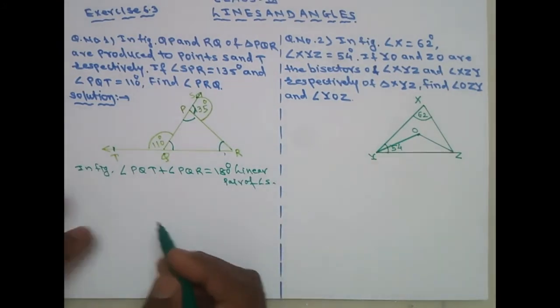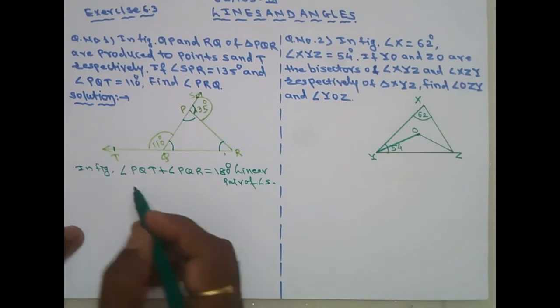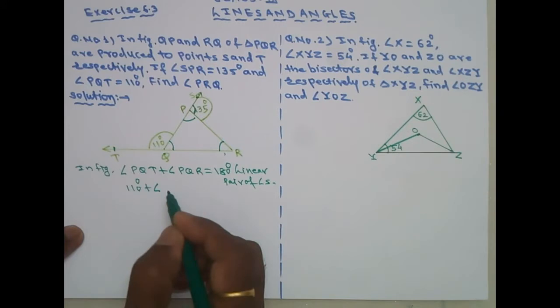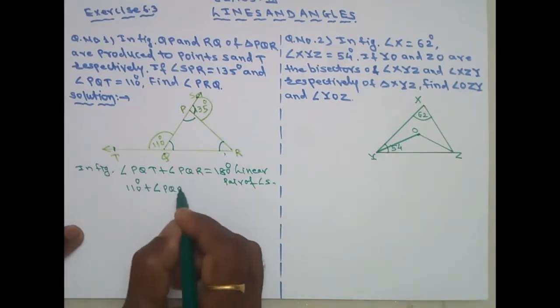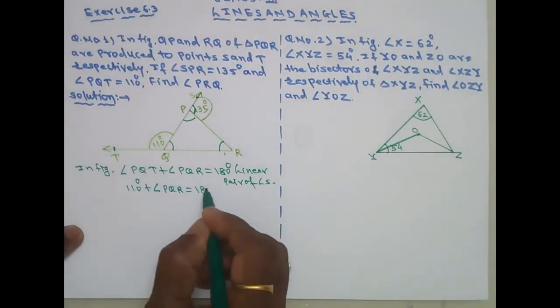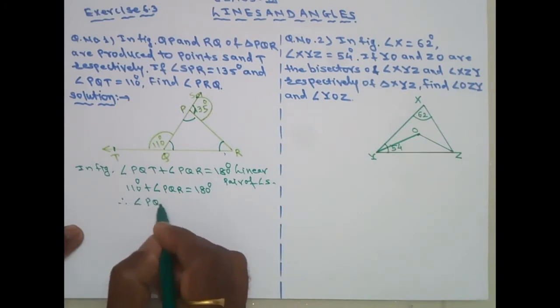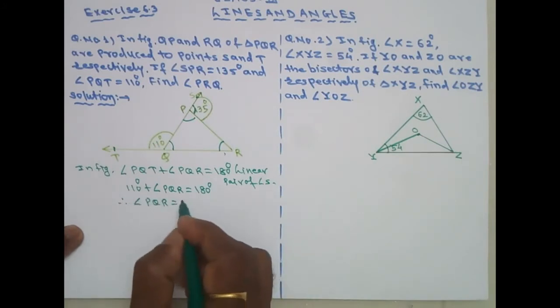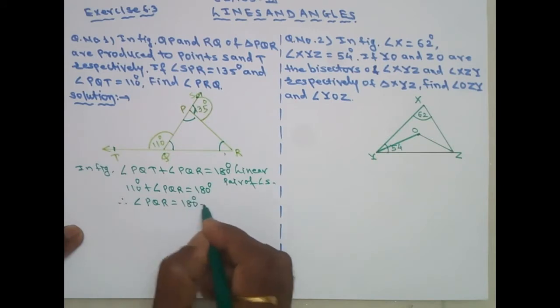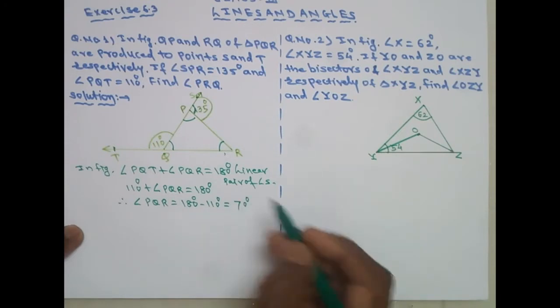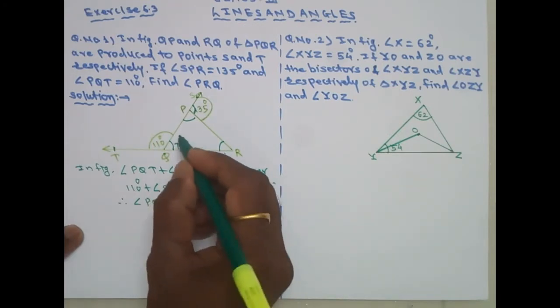Now here PQT is given, that is 110 degree plus angle PQR equals to 180 degree. Therefore, angle PQR equals to 180 minus 110 degree, that is equal to 70 degree. So this is of 70 degree.